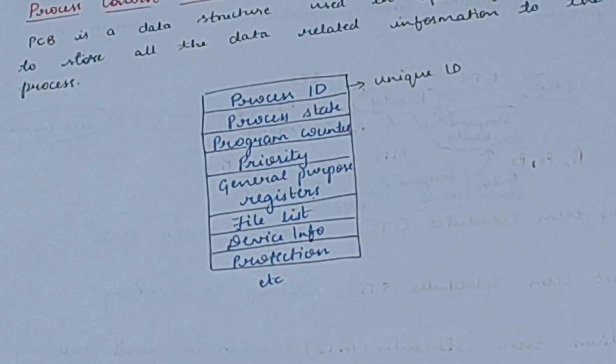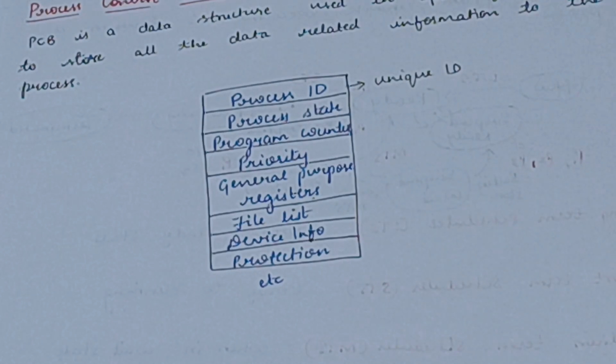Process state tells us exactly in which state the process is present at that particular point of time: whether it is created and in new state, or already sent to the RAM and ready for execution, or getting executed in running state, or has gone for input output handling in wait or block state, or has completed its execution and is in terminated state. Then the terminated process's data will be taken, even the PCB will be taken and given to a new process.